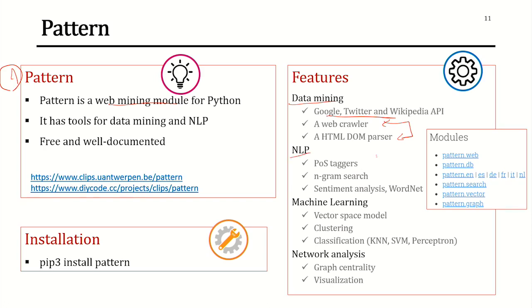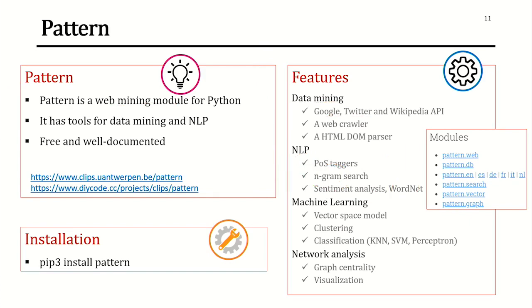And we can also use the HTML DOM, document object model, parser here. And in NLP, it can do some POS tagging using its POS tagger, and it can also perform n-gram search. So basically, I assume that you have seen this word before, n-gram. It is a process of getting terms from a sentence, either one word, two consecutive words, or three consecutive words in a given sentence. You can also do sentiment analysis as well as find WordNet data.